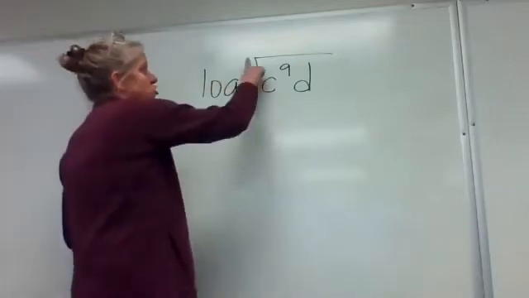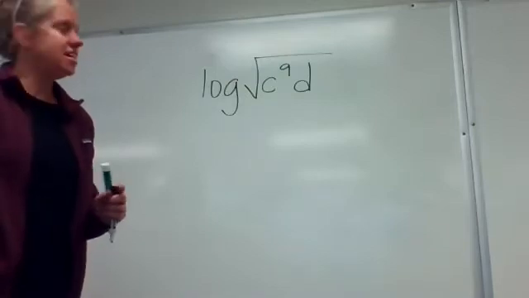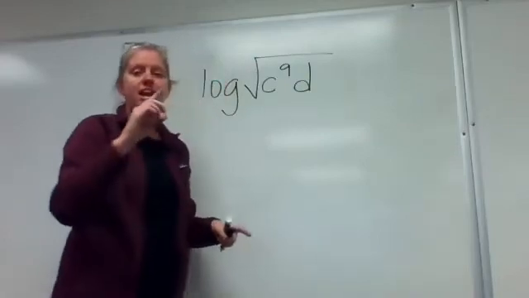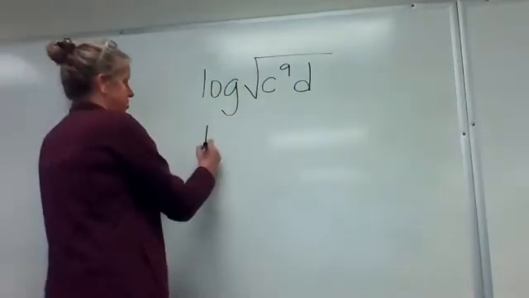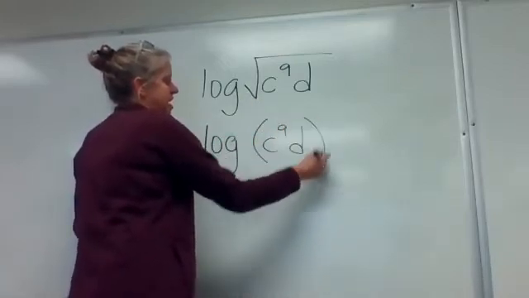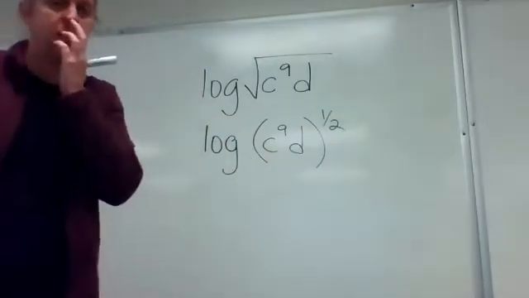So taking the square root of something is the same exact thing as raising what's underneath here to the 1/2 power. So if I do that, I'm going to have log, and then c to the 9th d is all being raised to the 1/2 power.